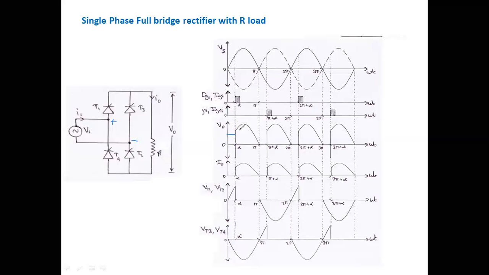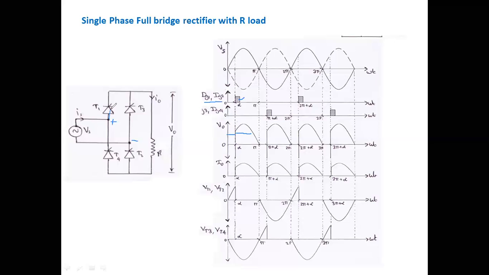Now mode 2, that is omega t equal to alpha to pi. In this mode, at omega t equal to alpha, we supply the gate pulse to thyristors T1 and T2. So thyristors T1 and T2, which are already forward biased, start conducting. They become short circuited, because we know that when a thyristor is turned on, it behaves as a short circuit.